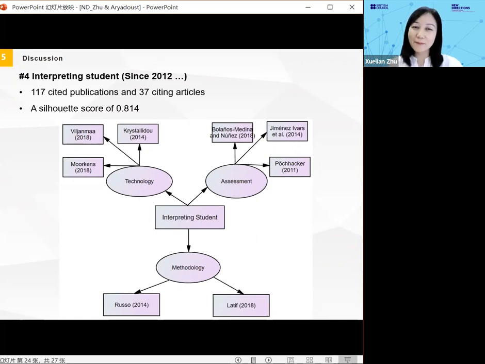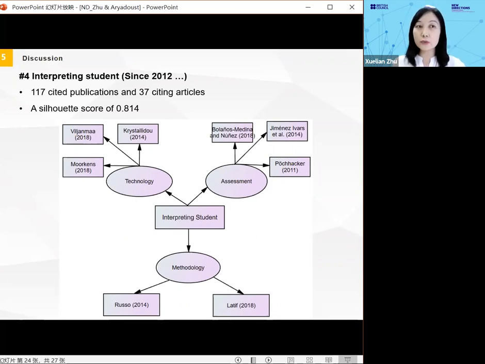And for assessment, Poach Hacker, if you happen to be in this field, you know Poach Hacker is a master or kind of great mind in interpreting and translation assessment. And besides him, other researchers also developed in this area, like Bolanos and his colleague developed a translation self-efficacy scale, TSE, which is proved very useful in assessing translation interpreting students.